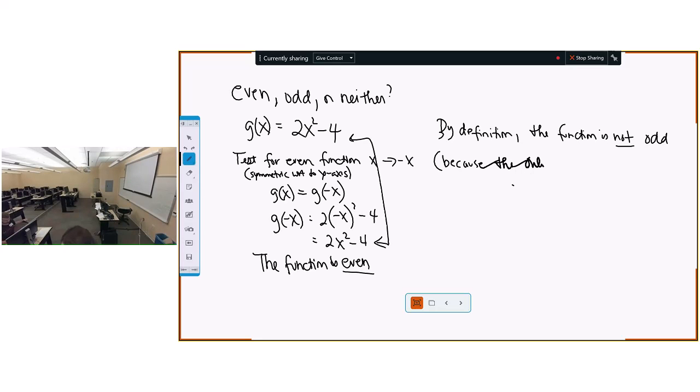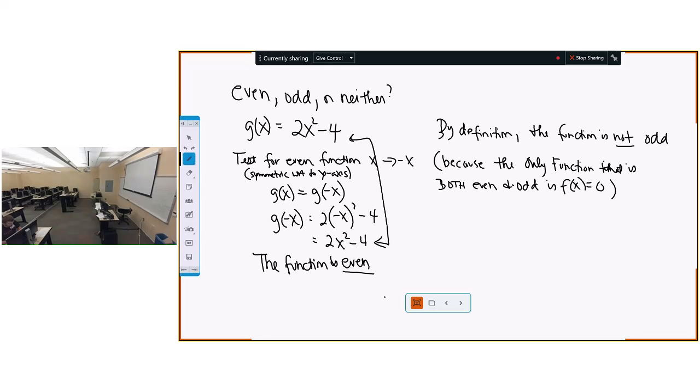The only function that is both even and odd is f of x equals 0. And this one is not f of x equals 0.